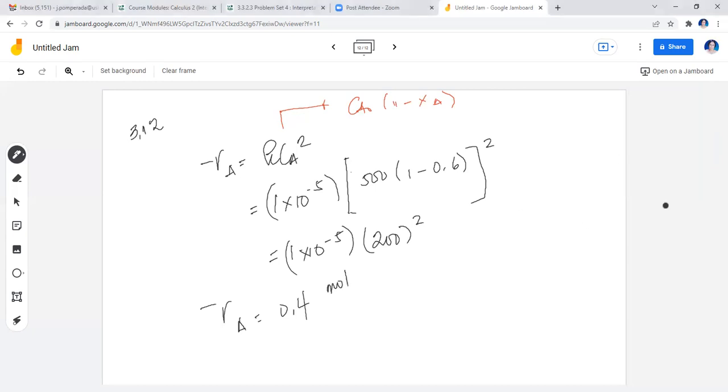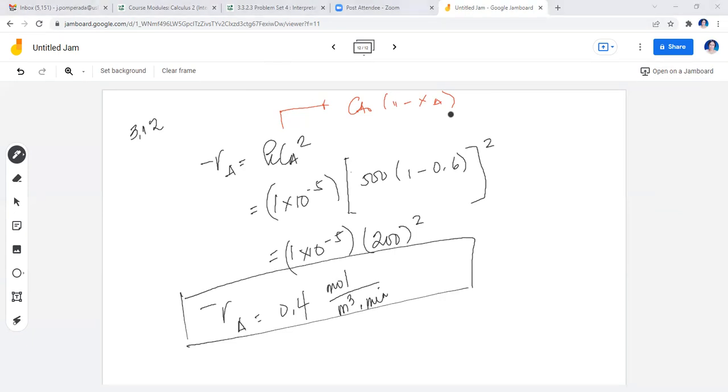Mole per cubic meter is for the concentration, per unit time, which is in minutes. That's your answer with the correct set of units. It should be mole per cubic meter per minute because rate, class, especially if it's for a single phase liquid system, is always concentration divided by time. So mole per cubic meter per minute.